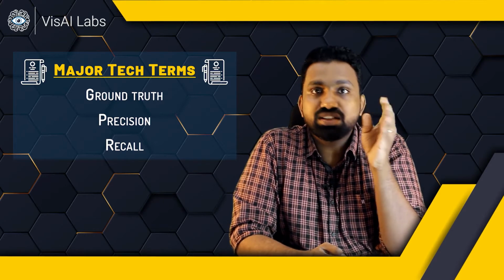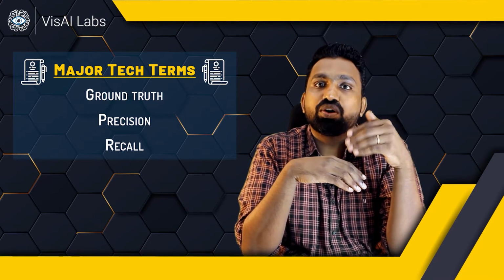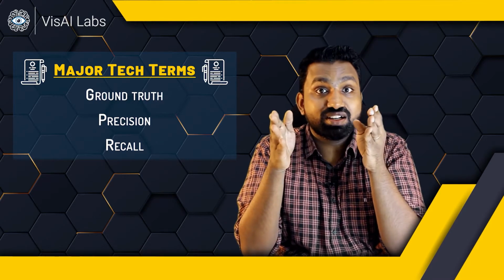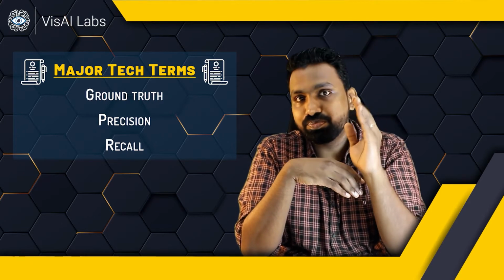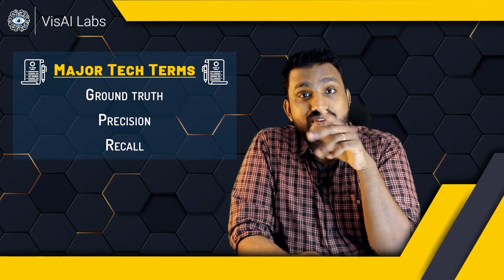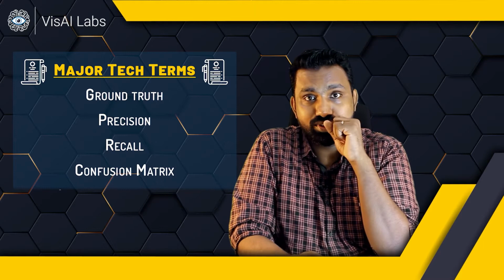For example, consider an image that has 5 people. A model that finds only one of these 5 people but correctly labels it as a person has perfect precision but imperfect recall. In addition to these technical terms, we also need to understand what a confusion matrix is.